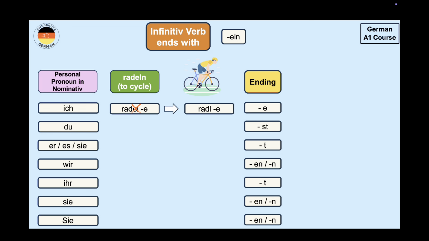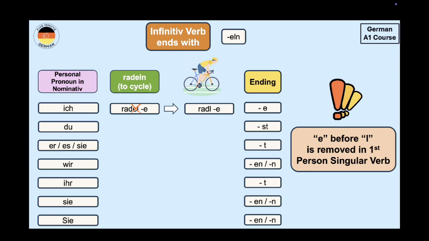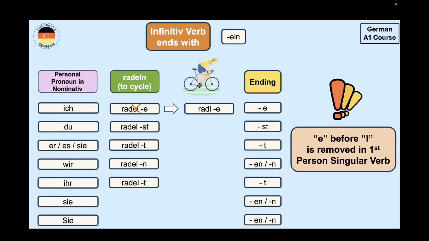So the rule when the infinitive verb ends with eln is that we have to remove the e before l in first person singular, as we see over here. The rest of the cases will remain the same. So it will be du radelst with the ending st. With er, it will be er radelt. Then wir radeln, ihr radelt, sie radeln, and Sie radeln.